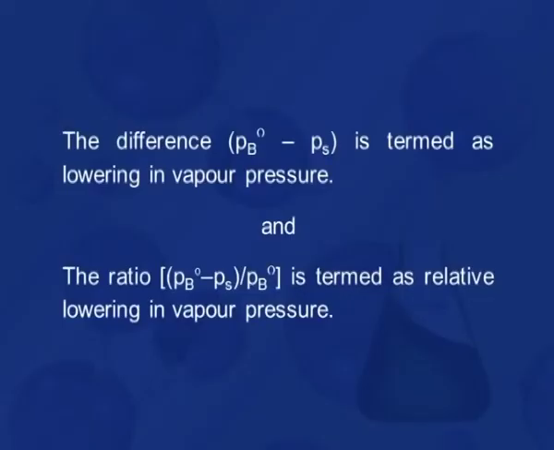If we divide the lowering in vapor pressure by the original vapor pressure of pure solvent, that is P naught B, we get the relative lowering in vapor pressure. Hence, (P naught B minus Ps) upon P naught B is equal to the relative lowering in vapor pressure.